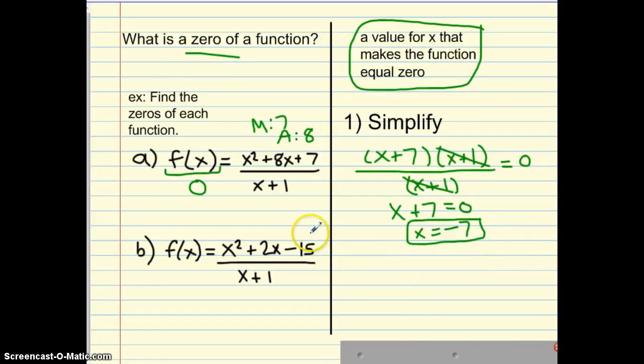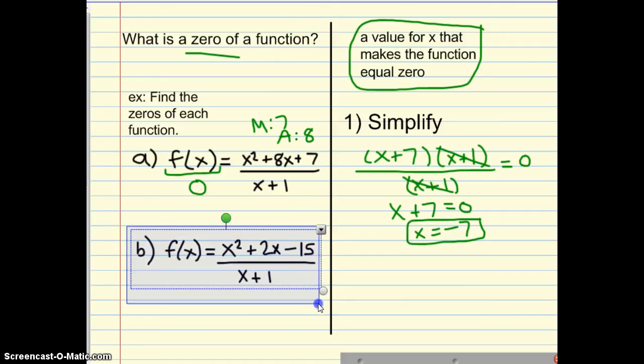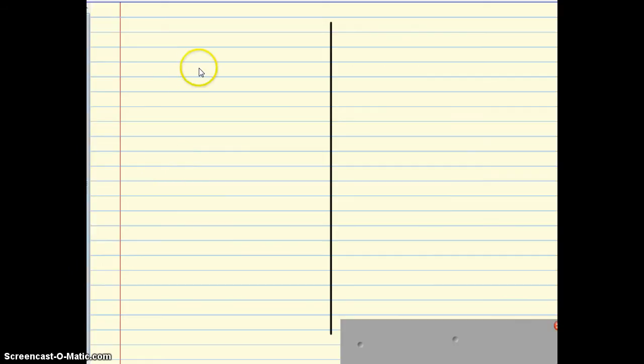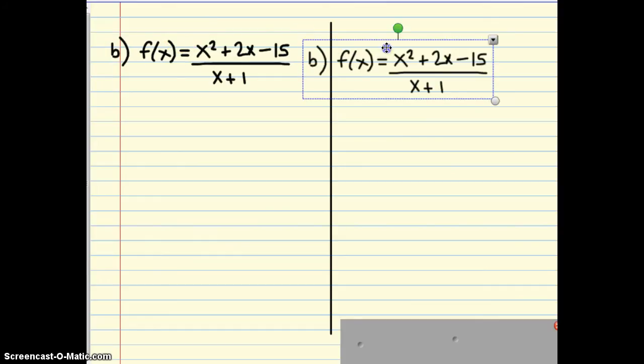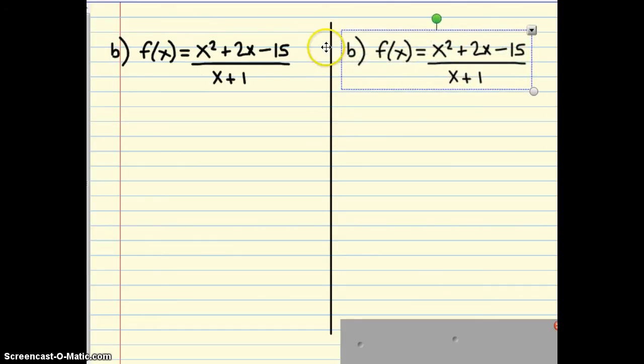Next, we're going to look at example B. All right. So we're going to simplify this thing.